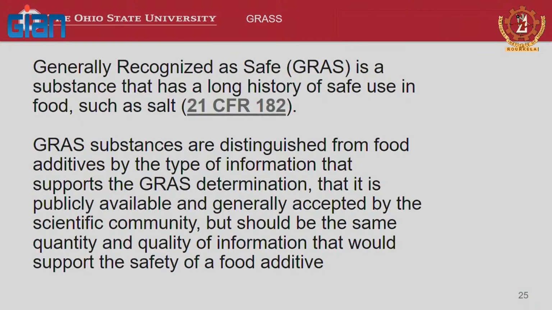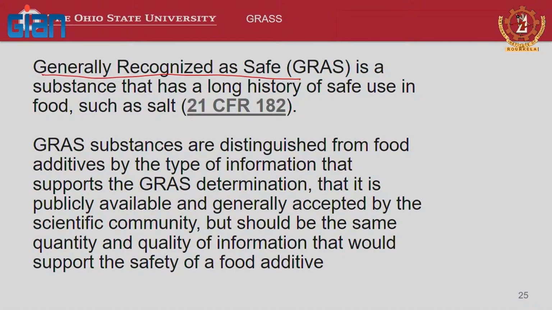The next one is the term GRAS. GRAS stands for generally recognized as safe. What that means is you are using some substance historically over many years, thousands of years, hundreds of years before modern food processing, then FDA considers them as GRAS.